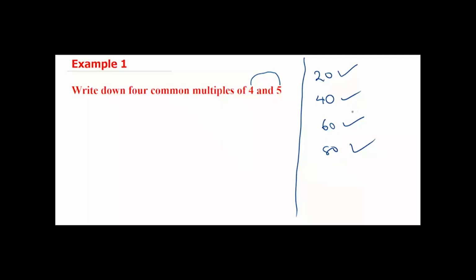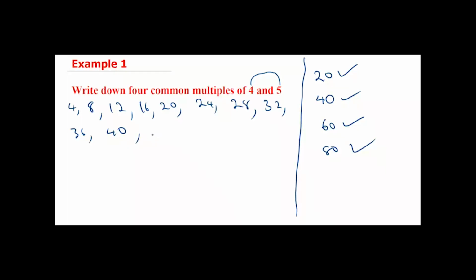Okay, so there are many of them, so I'm okay with this one. But if you want to list it out now, you see it will take you a long way. So by writing out multiples of 4, you will have 4, 8, 12, 16, 20, 24, 28, 32, then after 32, you have 36, 40.